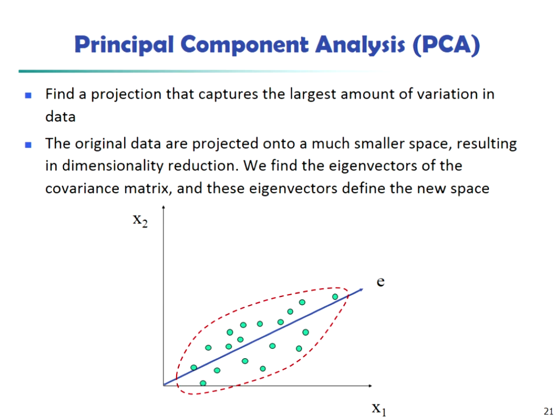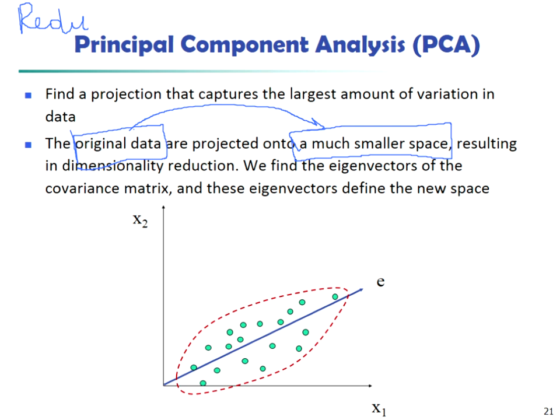The second strategy is PCA. PCA finds a projection that captures the largest amount of variation in data. When we use PCA, we have the original data, and this data is projected onto a much smaller space, resulting in dimensionality reduction.